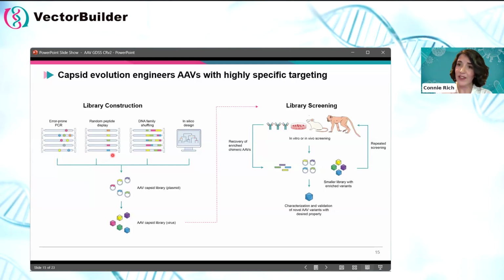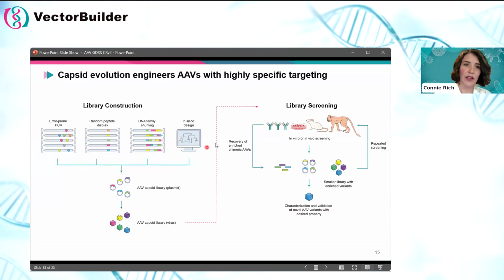So what we can do is take, let's say, AAV9, and modify that capsid through one of these different techniques to try to find an engineered capsid that will only target that skeletal muscle and nothing else.